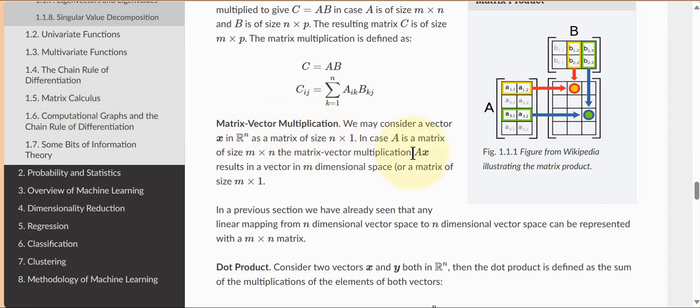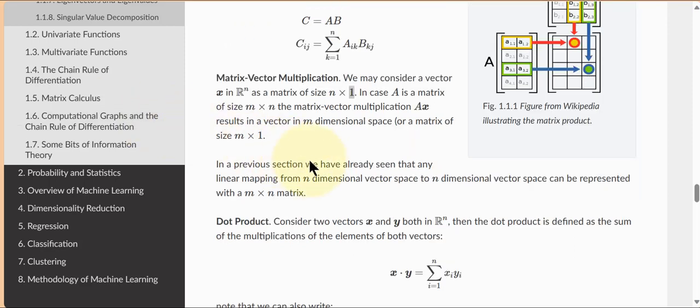So if this is n by 1, then A has to be something by n. So they say it's m by n. And then we can do this multiplication, and the result will be an m by 1 result, or in other words, a vector with the number of rows m, where m comes from the number of rows in A.